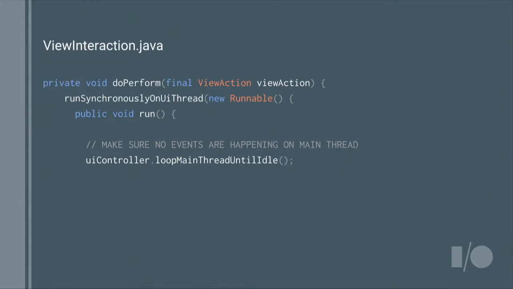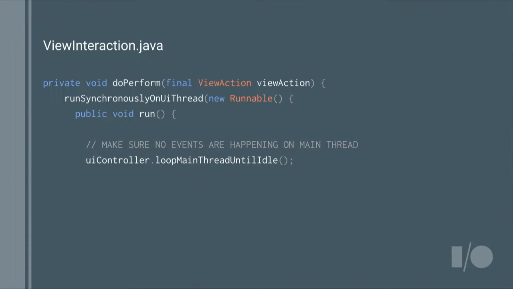Then, this is a very, very important thing. UI controller is the most important part of Espresso, I would say. This is an internal class in Espresso that has this method called loop main thread until idle. And this is where all the magic happens that I mentioned before.